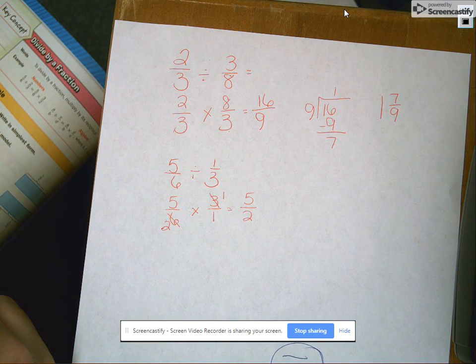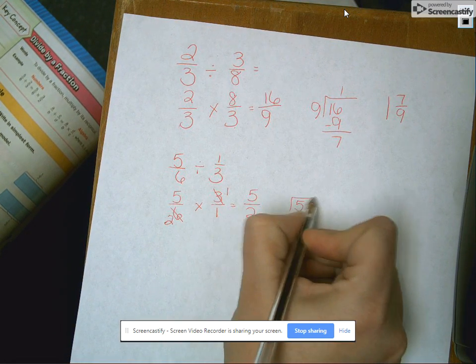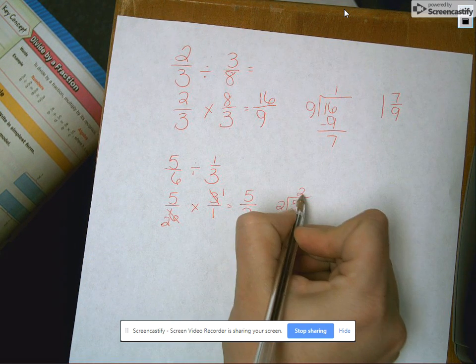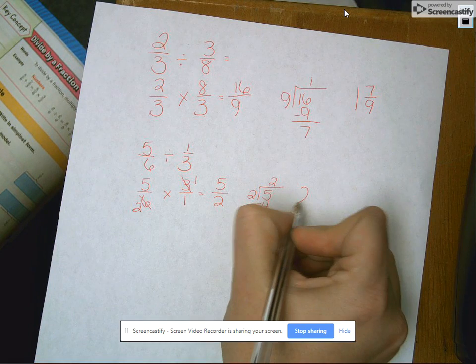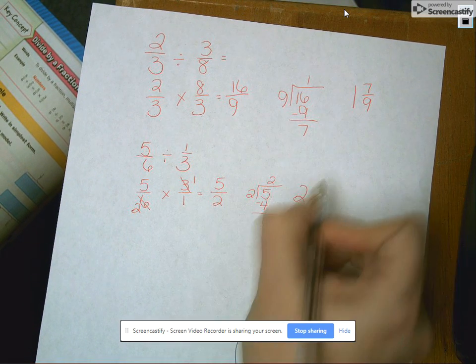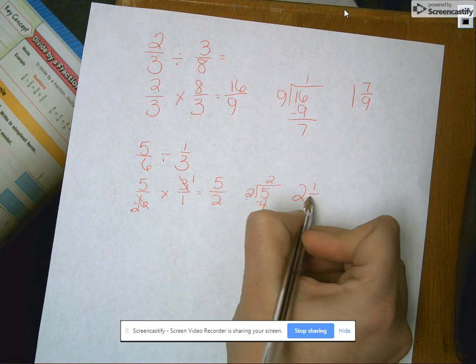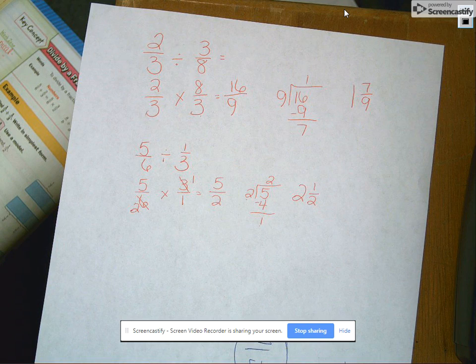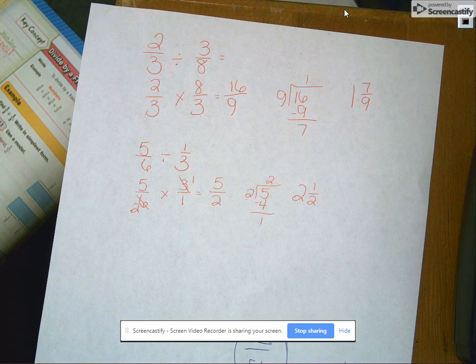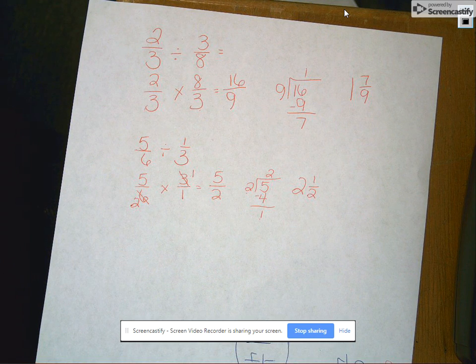This is an improper fraction, so I'm going to divide it out. So I have 2 wholes. My part is 1. The amount of my group is 2. And so my answer is 2.5. Please pause the video now and answer any questions students might have.